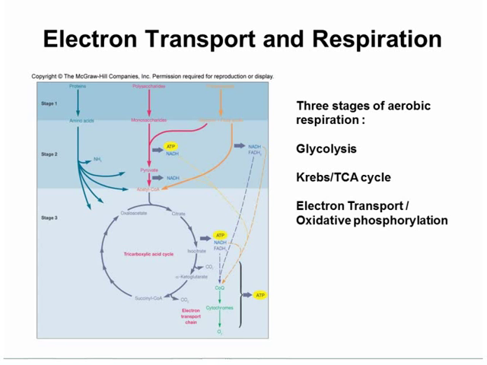So these are the main steps. Glycolysis to produce pyruvate, acetyl-CoA. Krebs cycle oxidizes the carbon to CO2. That gives you a lot of NADH. And then these electrons are transported onto oxygen through the electron transport chain. And finally, this allows even more ATP to be generated.